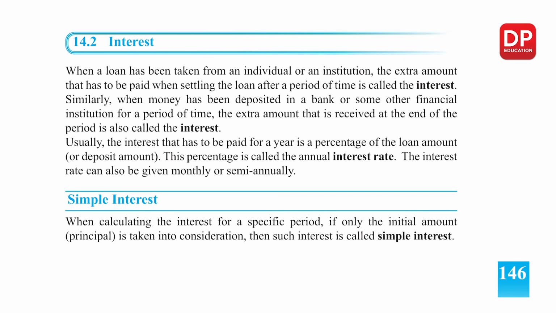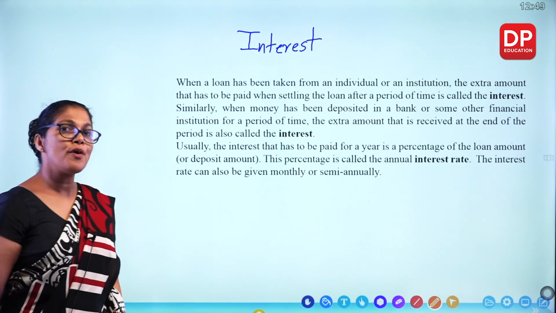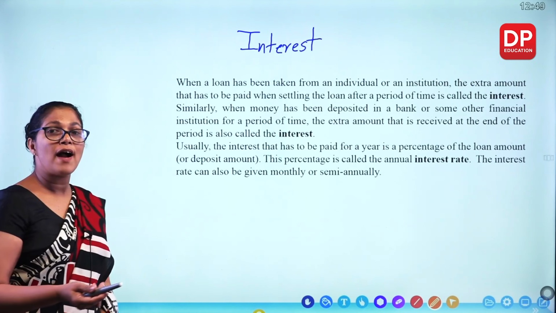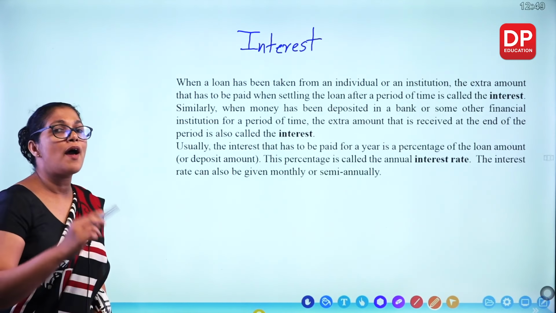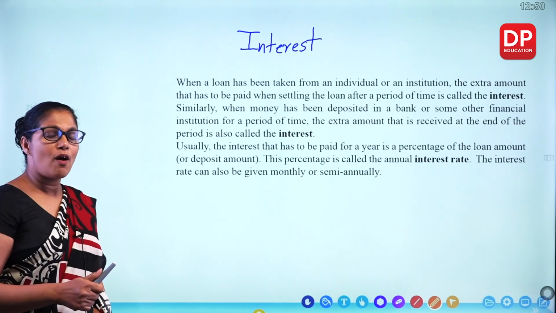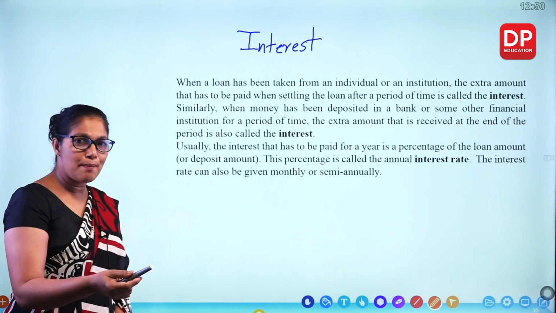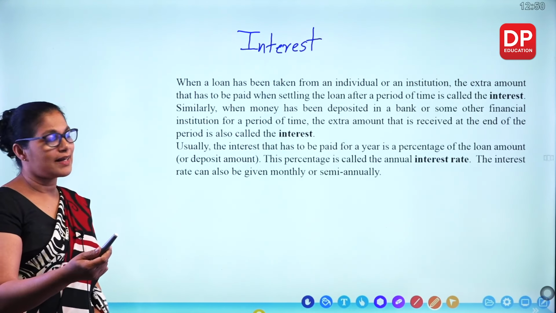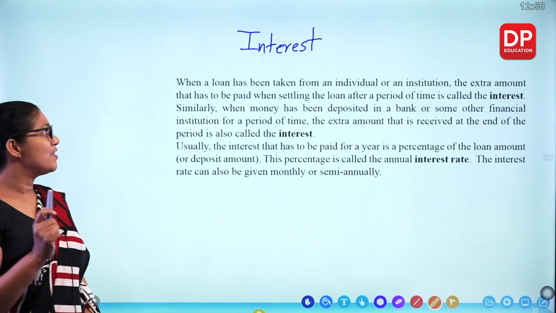Now we'll see what interest is. When you borrow money from a bank or any financial institute, you have to pay an extra amount to recover the loan. Or when you invest money in a bank, you are getting extra money from the bank. So those are called interest.